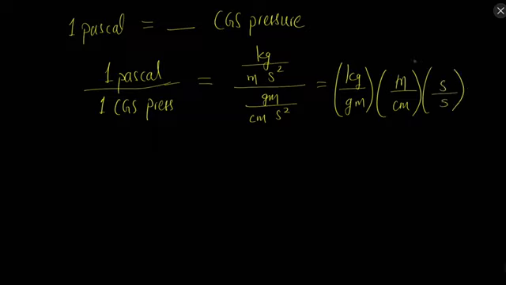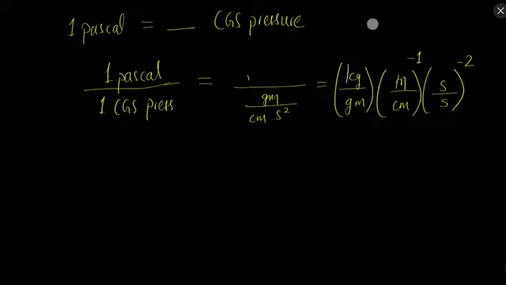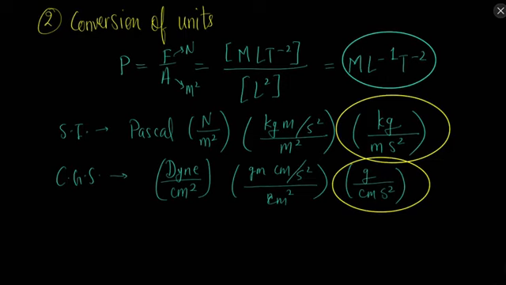Do this and keep the sign as well, minus 1, minus 2. This can be like this, don't be confused, this is equivalent. If you are getting confused, let me write it like this. You can also write the above thing like this, this is equivalent.